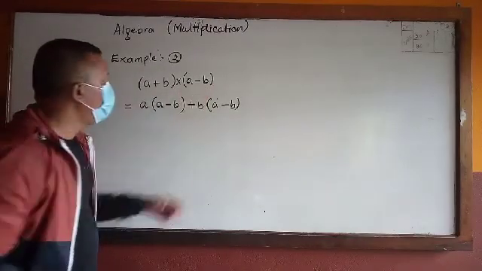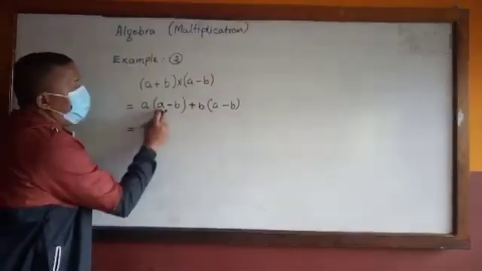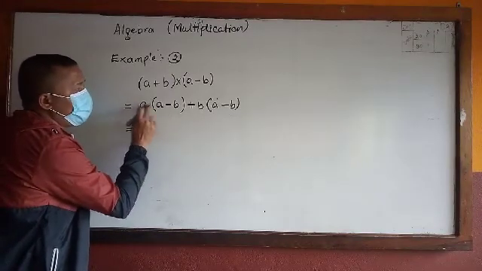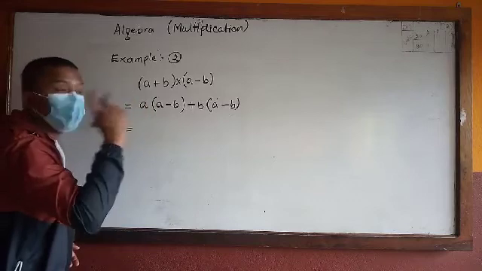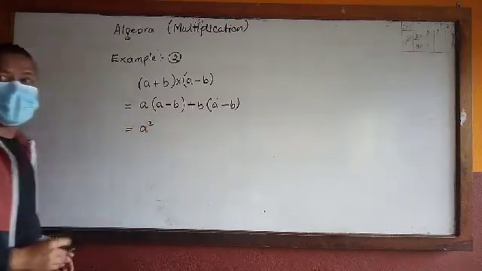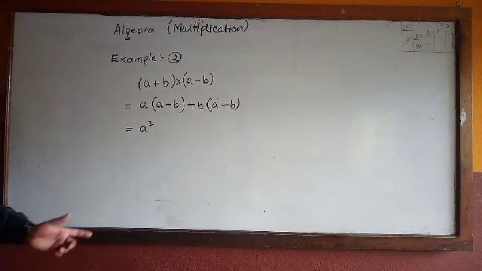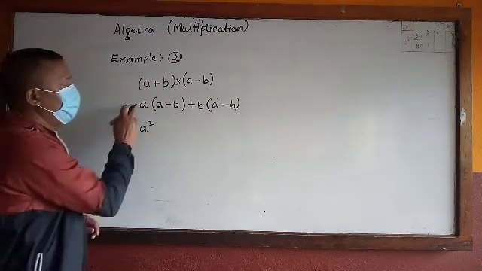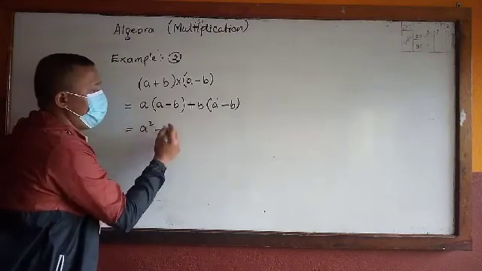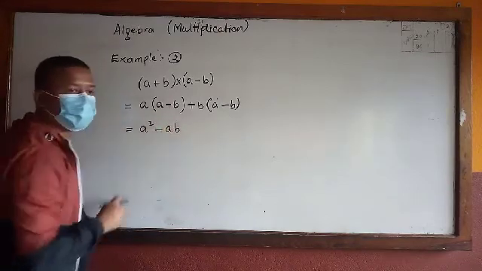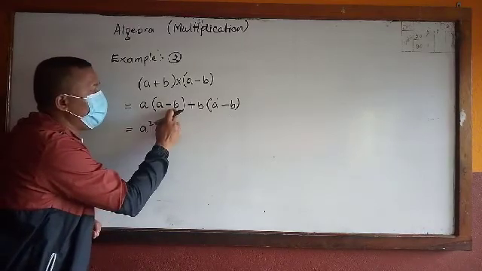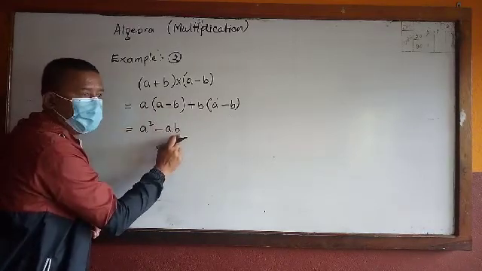Now a and a multiply. You multiply the inside a by the outside a. Here is plus, here is plus. Plus into plus is plus. a into a is a square. Plus into minus is minus. a into b, ab. So minus ab.